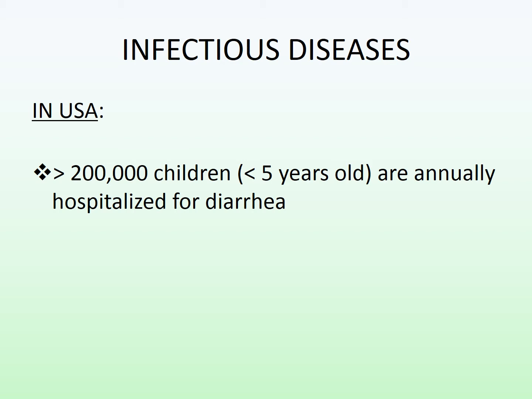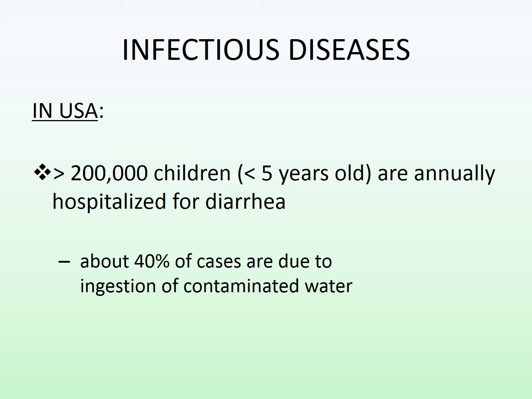As a matter of fact, a recent study indicated that about 40% of the cases of diarrhea are due to the ingestion of contaminated water. Now, not all of this water is drinking water from the tap. It might be water from a pool or a water slide or something like that, but it's still very significant as a public health problem in the United States.